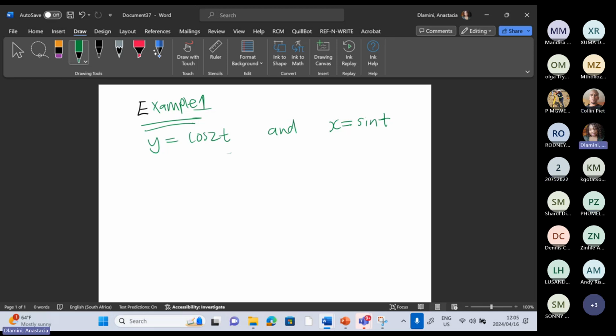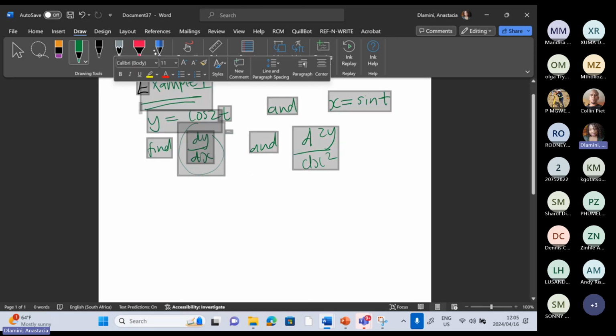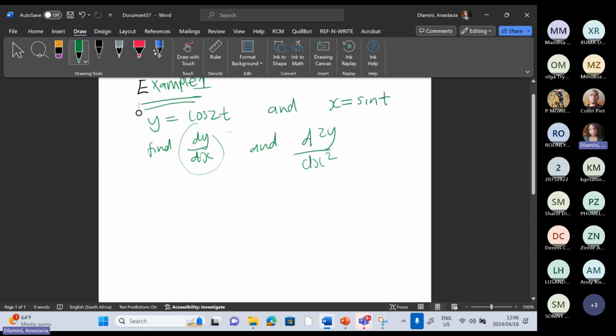So if they ask you to find dy over dx and d squared y over dx squared, meaning the second derivative. Okay, now let's start here. We know that if, let's say, we have y is equal to 3x squared, dy over dx is equal to 6x, isn't it, guys?